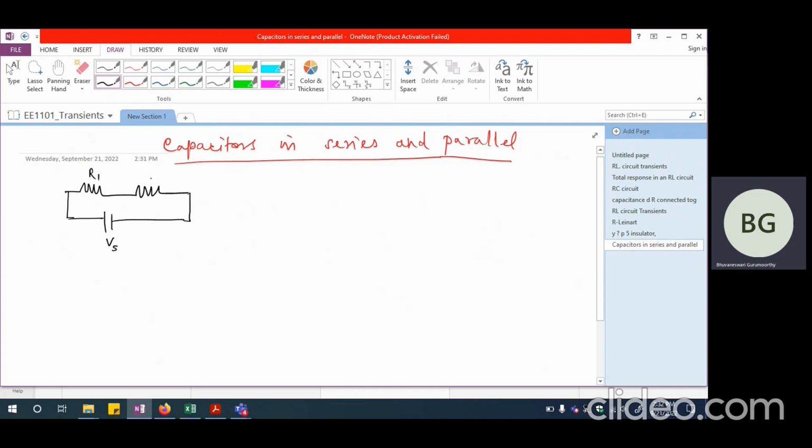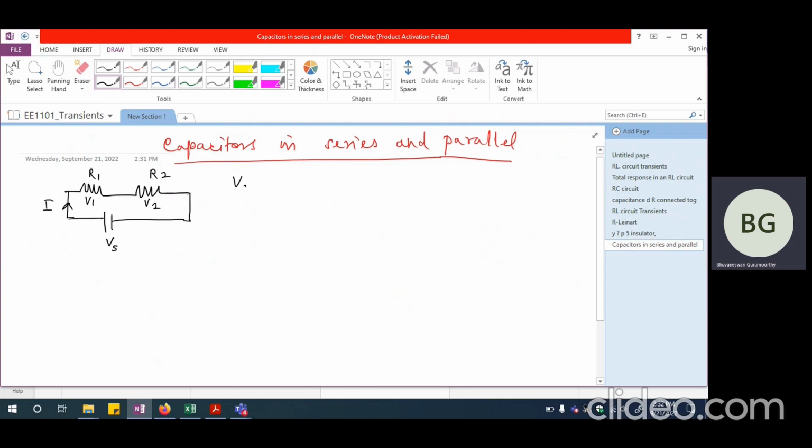This is R1, this is R2. Both of them are in series. So I'm going to have V1 across this and V2 across this. And I'm going to have a current I flowing through this. When both resistors are in series, the same current flows through both of them.